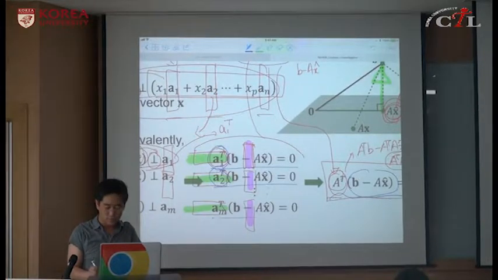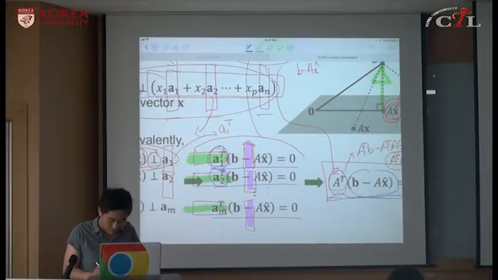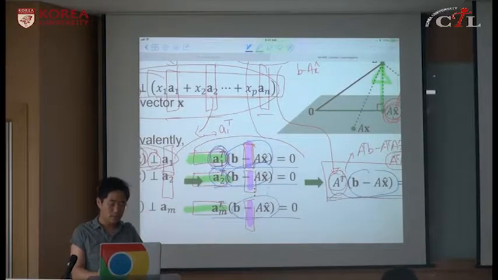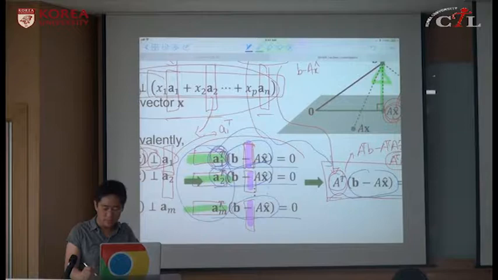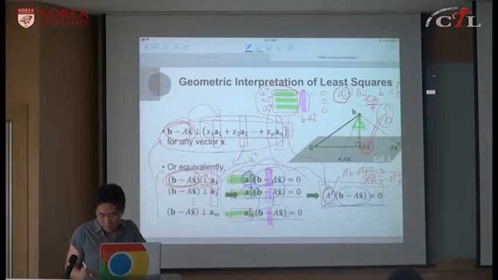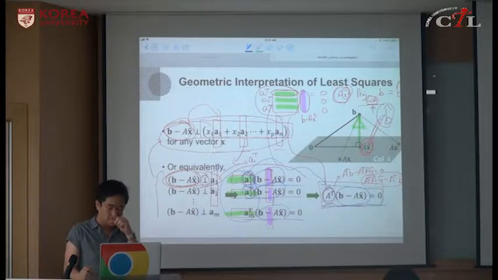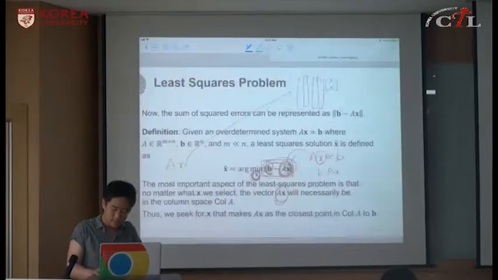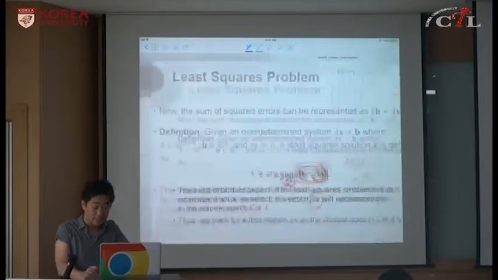The right parts are all common, and the left part has a different row vector, A1 transpose, A2 transpose, and so on, and thus entirely this will be changed into A transpose, which is our matrix. So we form this matrix equation for our linear system, so that we can obtain this x hat, which minimizes this least squares problem.